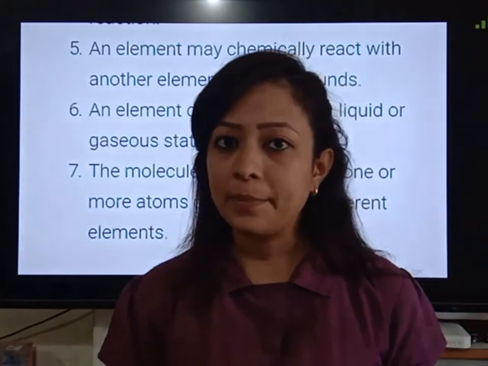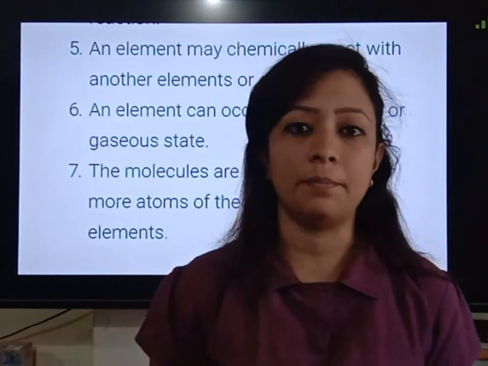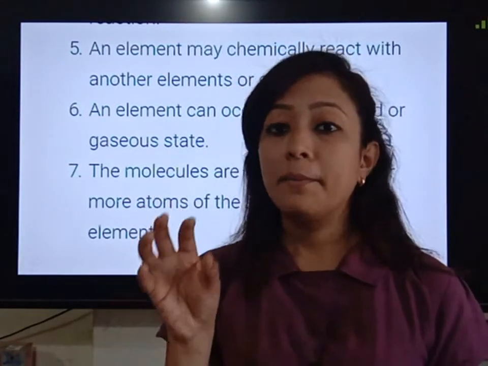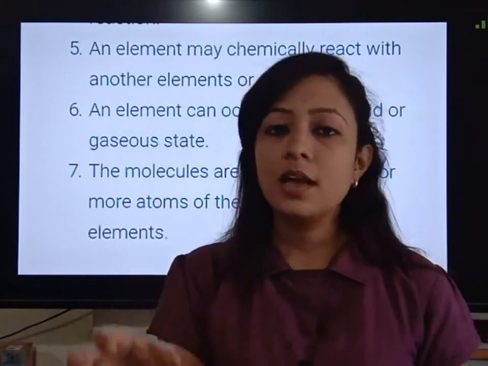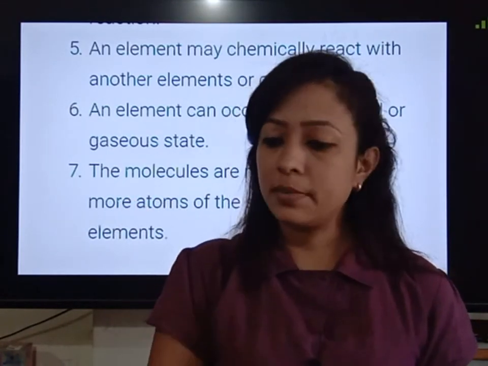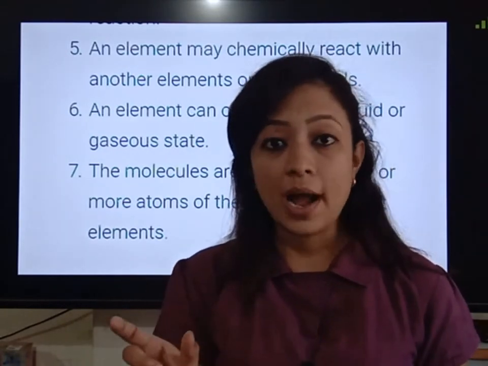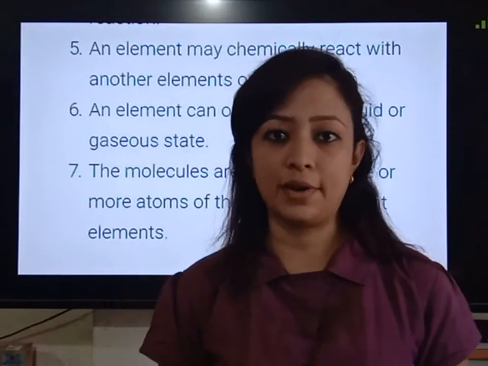Take another example where two different elements react with one another to form a compound. For example, magnesium, that is Mg, reacts with oxygen, that is O2. So Mg and oxygen are two different elements. These two atoms are of two different elements.